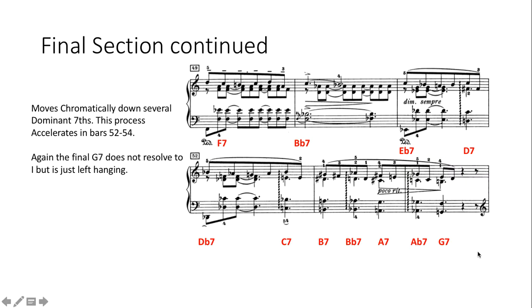There's a whole beat's rest after that. And then, even though we do get a hint of the tonic chord in the coda, it's undermined again. But I'll play through this extract here.